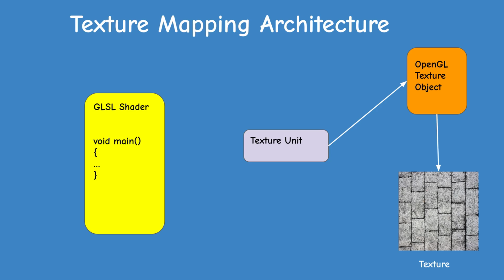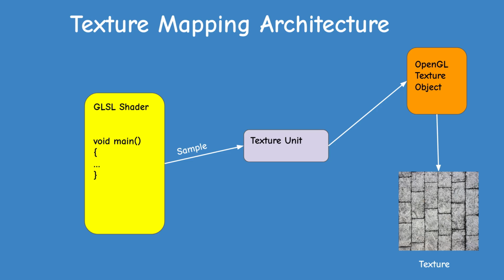The reason is that we have something called a texture unit that sits between the shader and the application code where the texture objects live. We connect the texture object to one side of the texture unit, and on the other side the shader samples from the texture unit. So the shader doesn't know anything about the texture itself, and between draw calls we can replace the textures and use the same shader again to sample from the new texture.